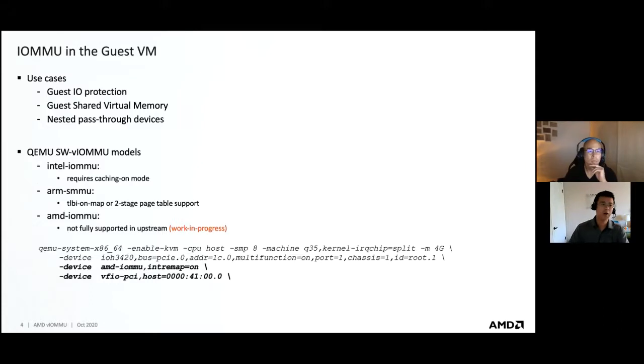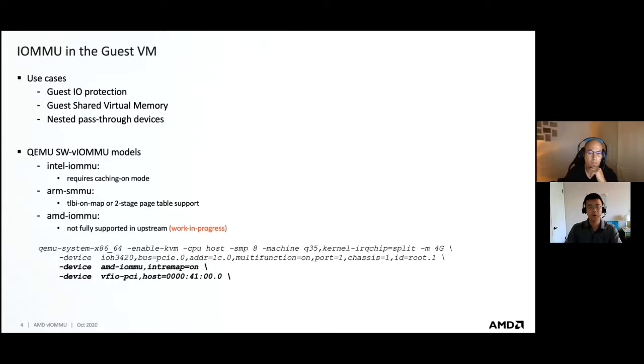So as we know, IOMMU offers a lot of benefits. You can do device pass-through. You can enhance IO security by using DMA isolation. So over time, end users or customers always want to enable this feature for their guest VM. To support this feature, over the past several years, the community has come up with different solutions based on different device models.